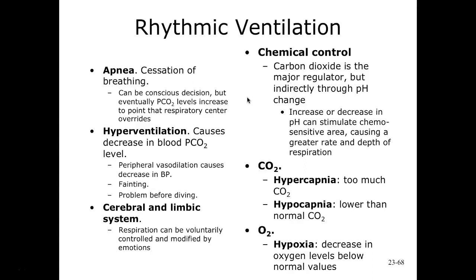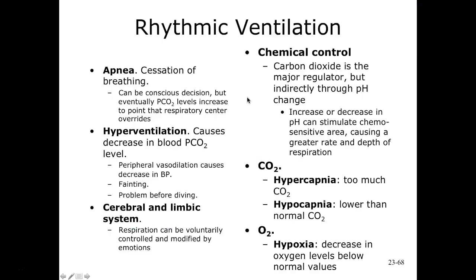Now let's get into the effects of carbon dioxide. When we have elevated carbon dioxide levels, such as during intense exercise, hypercapnia can take place, which is an elevated level of carbon dioxide. We can have the opposite happen as well, hypocapnia, where we have a lower amount of carbon dioxide than what's normal.